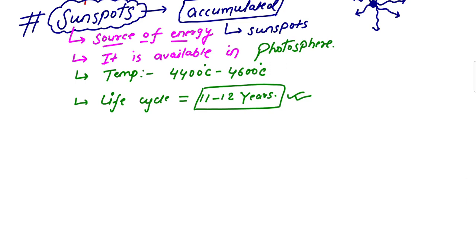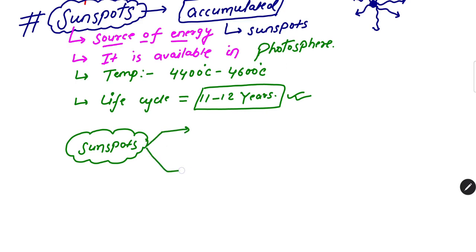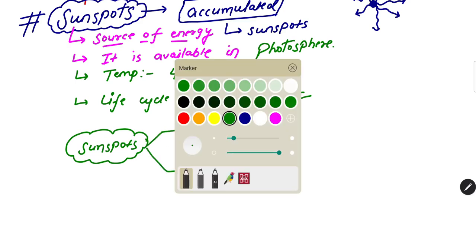Now the next thing, sun spots can be of two types. Let me explain with the help of this. How can we say that sun spot is of two types? See, sun spots is the accumulation of energy, right?